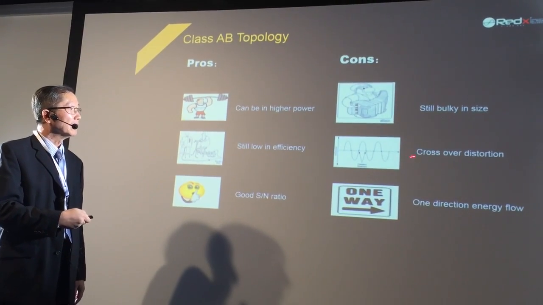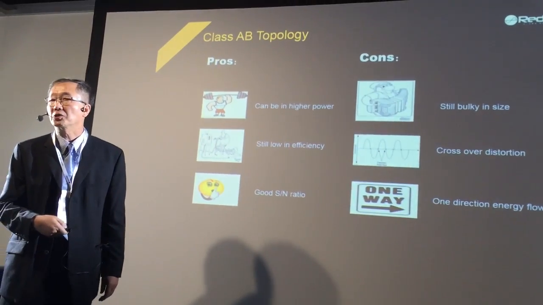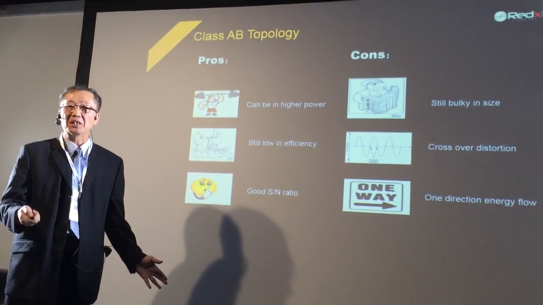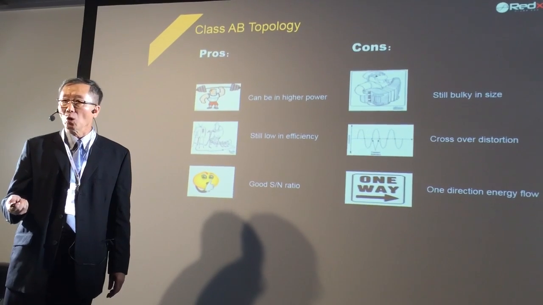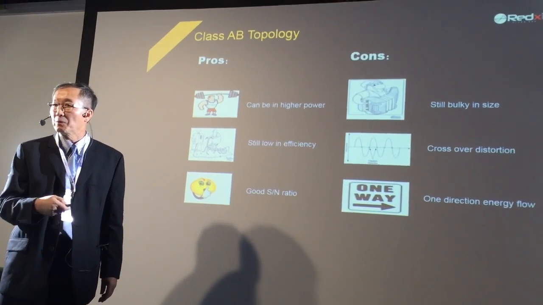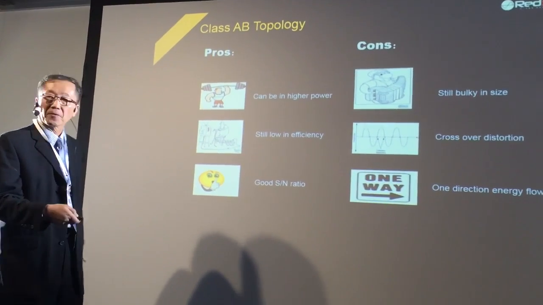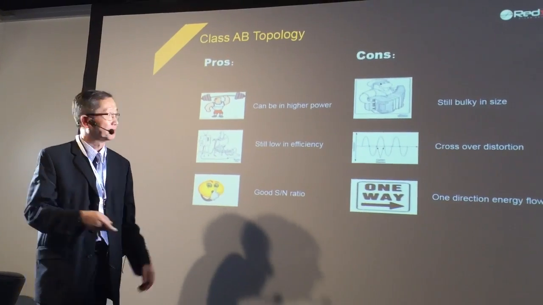One thing that affects the sound is crossover distortion. We know Class AB needs to set the bias. At a very low level, we can avoid the crossover distortion. As far as the energy flow, it only offers one direction.